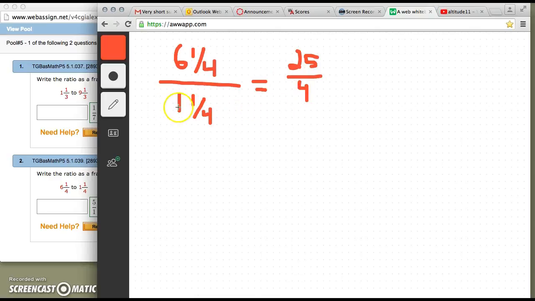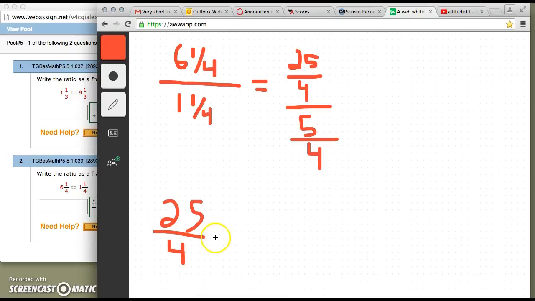And 4 times 1 is 4, plus 1 is 5 over 4. So we have 25 all over 4, divided by 5 over 4, which is the same thing as times 4 over 5.